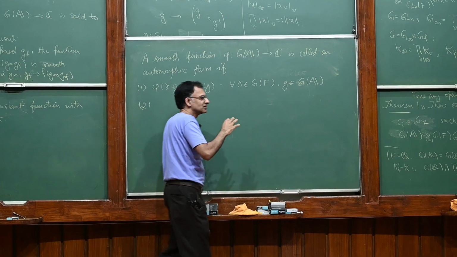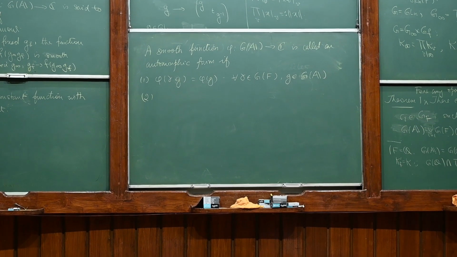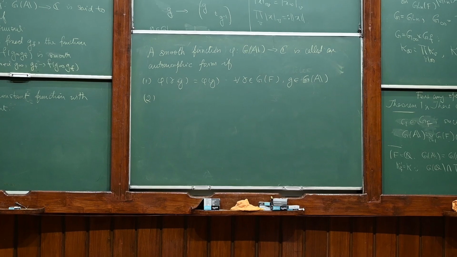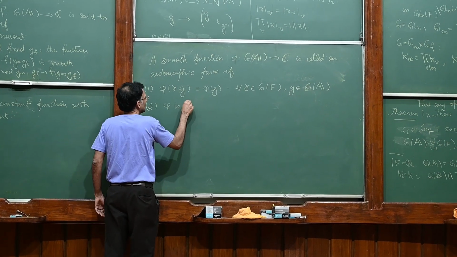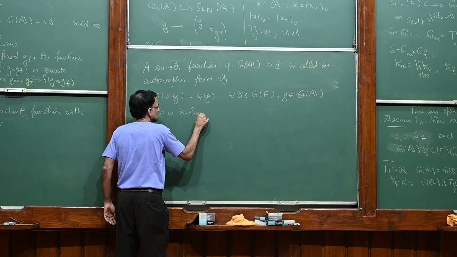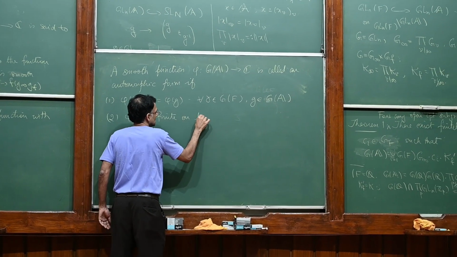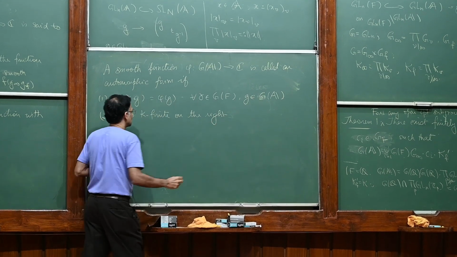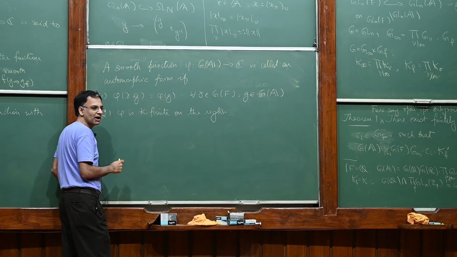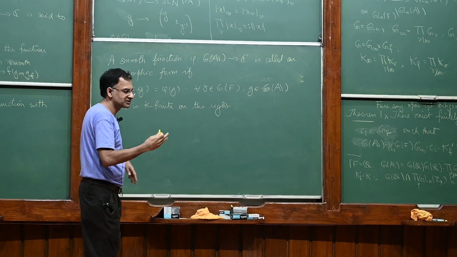Phi is K finite on the right. What does this mean? I look at the span of phi of gk as k varies.